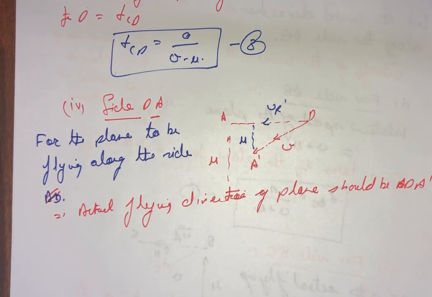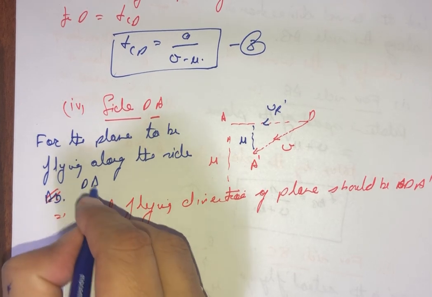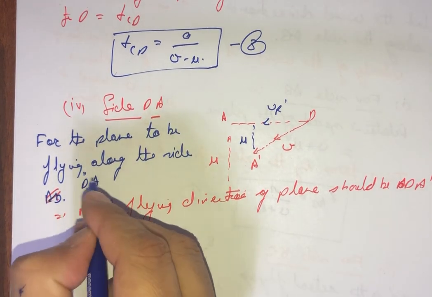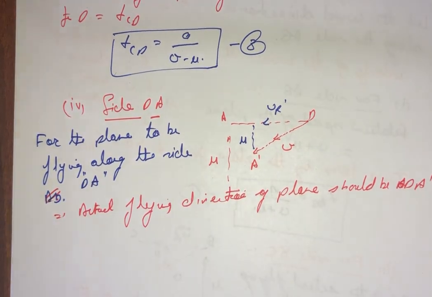Let me write it as a side dA. Okay, so actual flying direction of a plane should be dA prime.